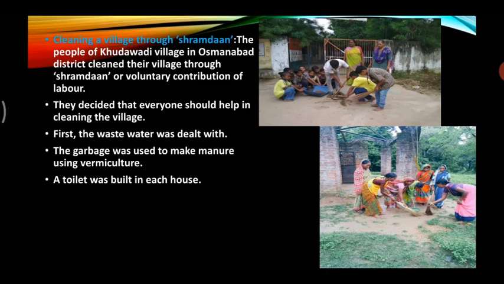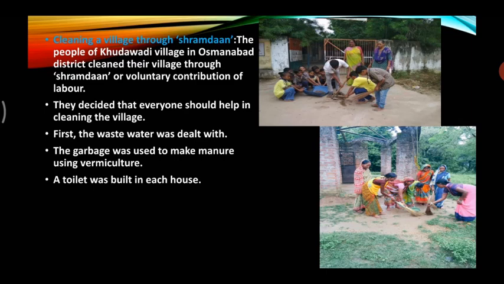The garbage was used to make manure using vermiculture. Manure is something you can use for your plants, like a fertilizer, but it is natural. Then what is the meaning of vermiculture? Vermiculture means, you know, earthworms? Yes. So you put the earthworms in the garbage. You make one hole.